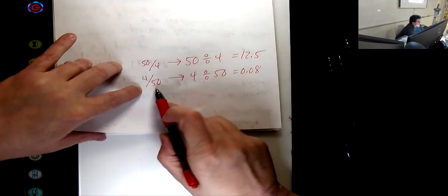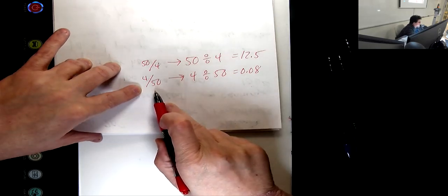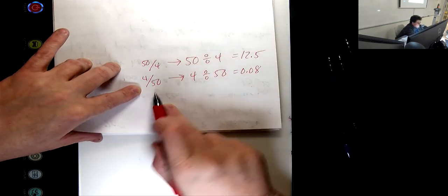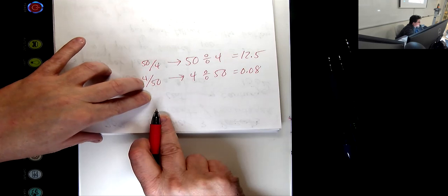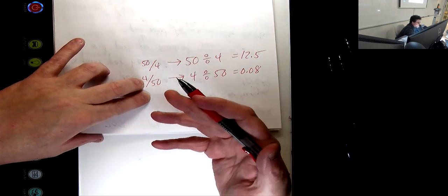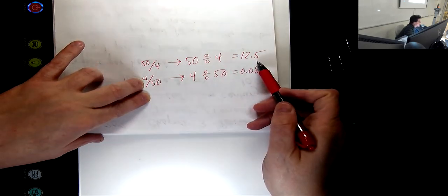You know 4 over 50 is less than 1. The number on top is smaller than the number on bottom. It's less than 1, which means if I convert it to a decimal, it should be less than 1.